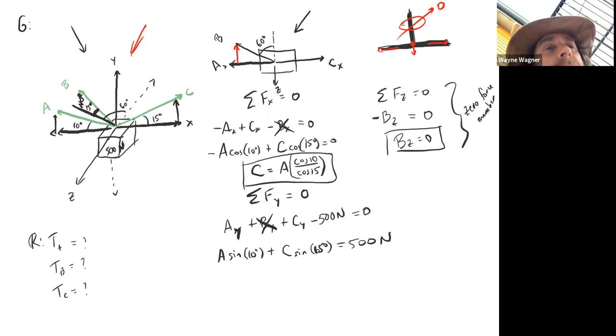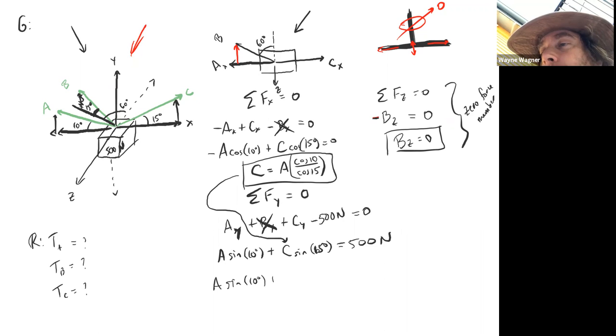I do have my phone, so for more complicated problems we'll get numbers, but for this I'm just going to plug it in down here. So I've got A sine of 10 plus A cosine 10 over cosine 15 times the sine of 15 equals 500.